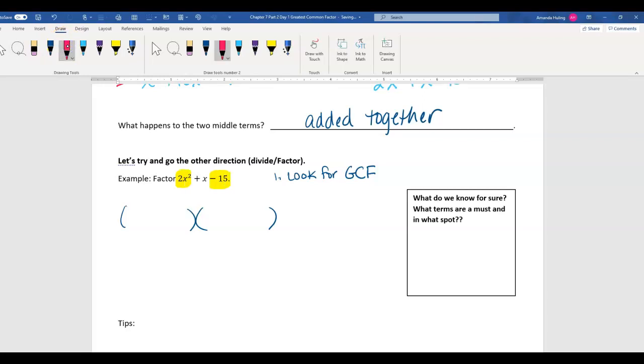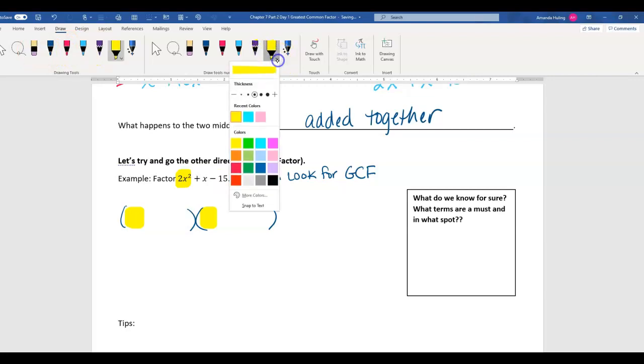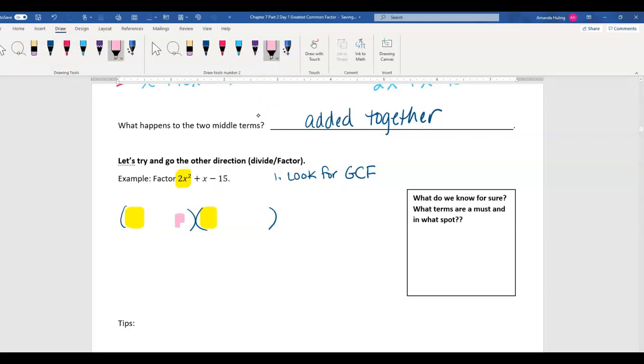Like the easy guys. I know that my yellow spot times my yellow spot is equal to that yellow spot. Okay? We know that. And we know that my pink spot times my pink spot is equal to that pink spot. Okay? Now, it doesn't always mean it adds to that positive x.